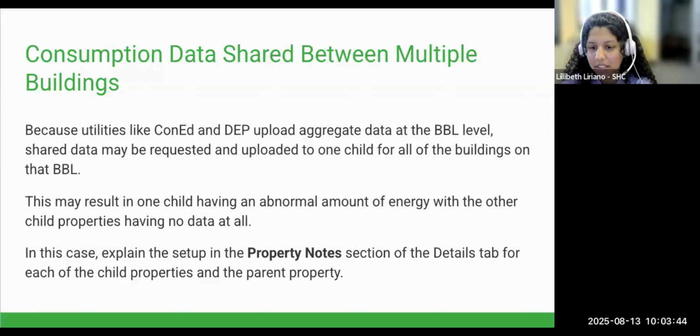That's okay. In that case, put a note in the property notes explaining the meter setup, which you'll find in the details tab in Portfolio Manager. And ultimately, you're always going to be putting all the meters up to the parent anyway, so it works out.